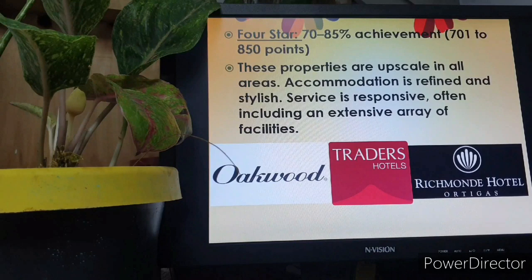Next in line, 4-star, they need to meet 701 to 850 points. These properties are upscale in all areas. And these properties provide a distinctive setting, and the guest will find many interesting and inviting elements to enjoy throughout the property.